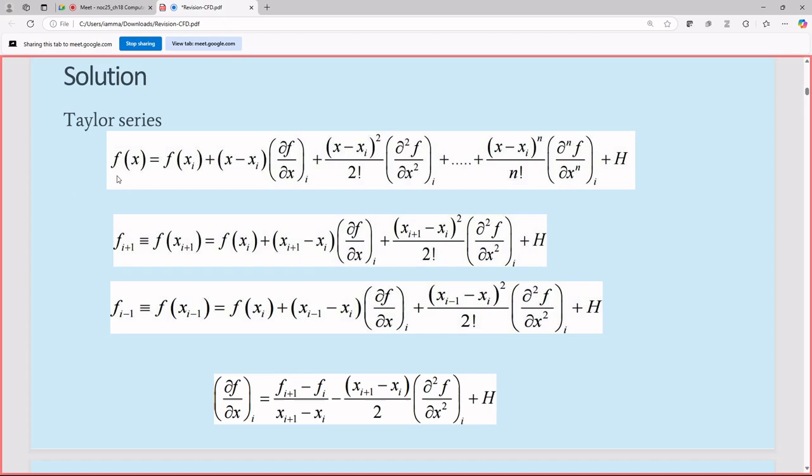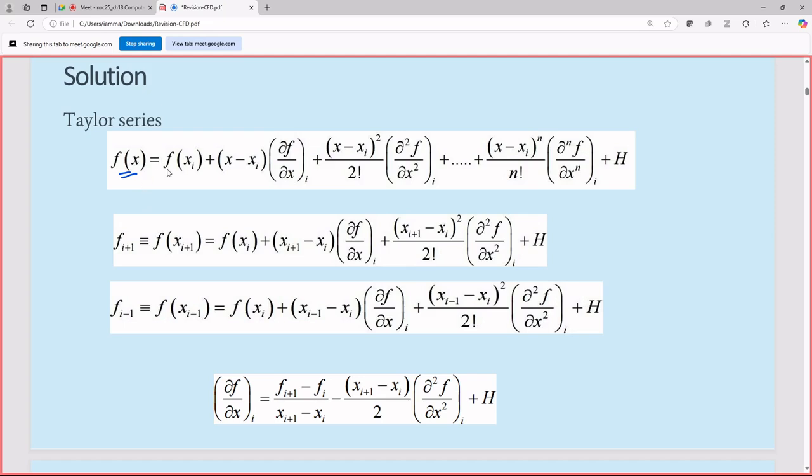Let's say there is a function f(x) whose value can be expressed using the Taylor series expansion.